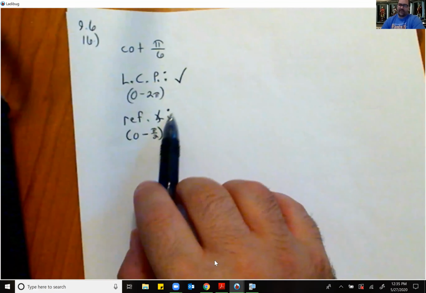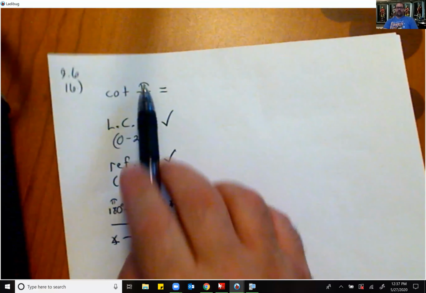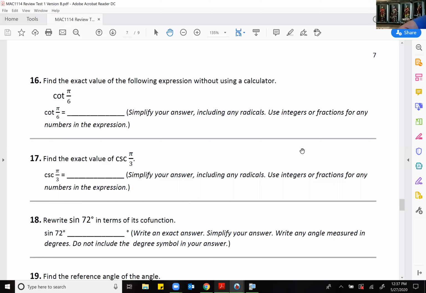All you got to do now is go consult your chart and look at what cotangent pi over 6 is. Like I said, my students only get the basic trig chart. So cotangent of pi over 6 is, looking it up because I don't know off the top of my head, there it is, square root of 3.